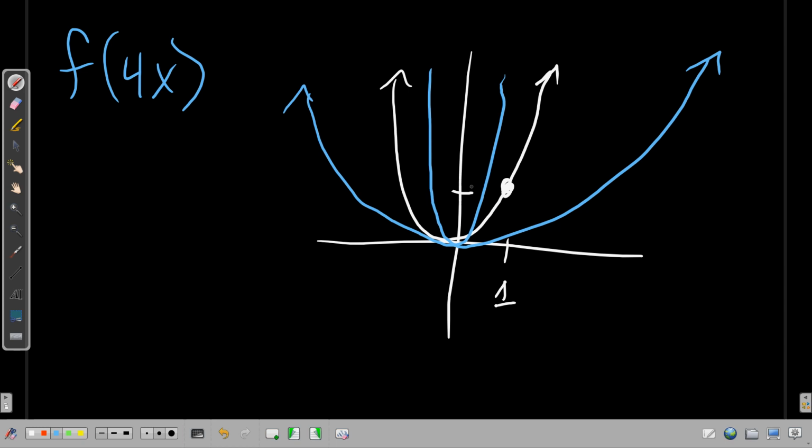Well, here's how you can reason it out. To get that same y value, would you put in a number like 4? Or would you put in a number like 1/4?